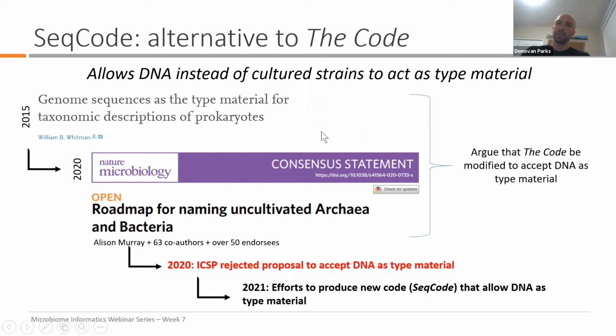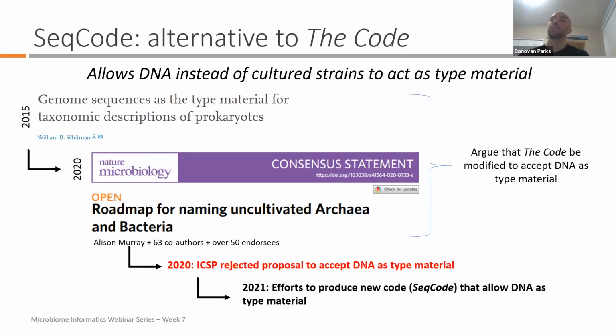This spurred a lot of community discussion. I'm leaving out basically 5 years of community discussion here. There were a bunch of papers proposed, there were workshops held, and the ultimate result of that was that in 2020, this consensus statement was put forward. In this statement, it again argues that, yes, this is a huge bottleneck in trying to name this uncultivated majority.